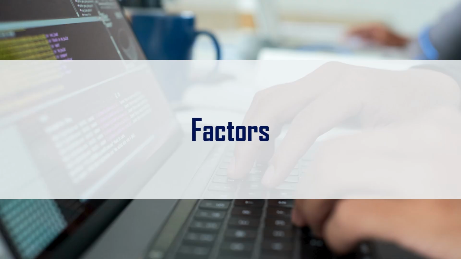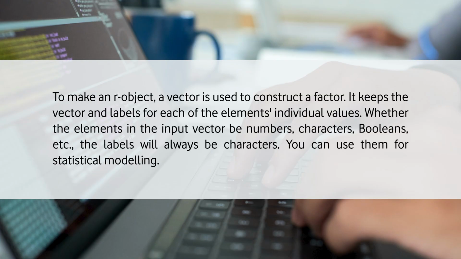So moving on forward, there is another popular data structure that is employed in R, referred to as factors. To make an R object, a vector is used to construct a factor.